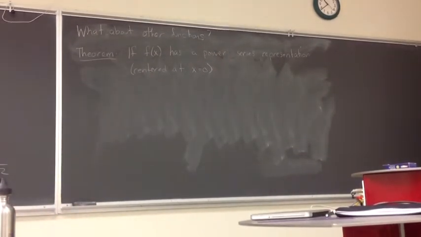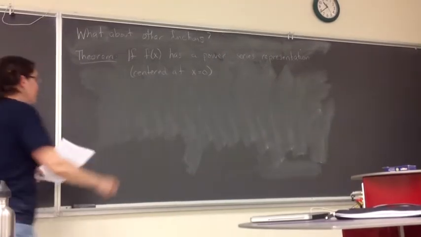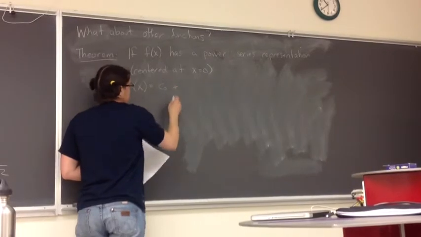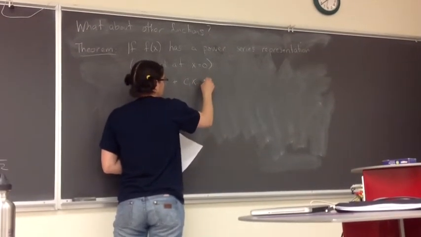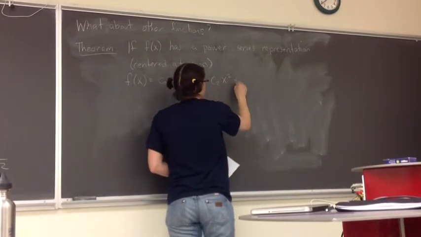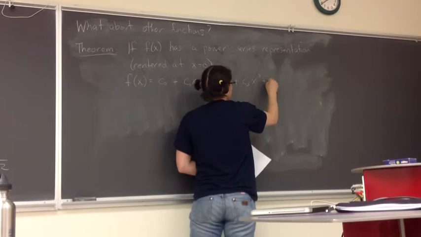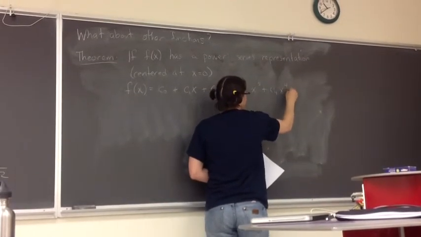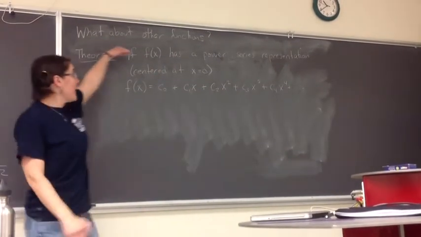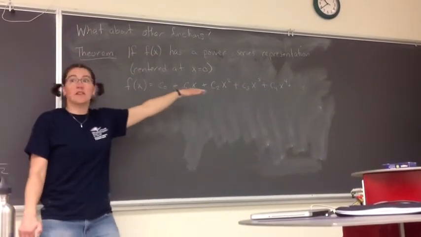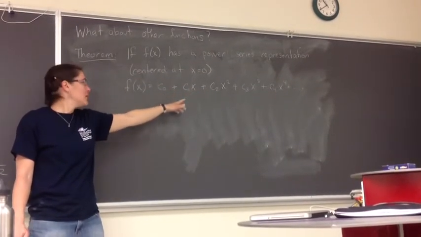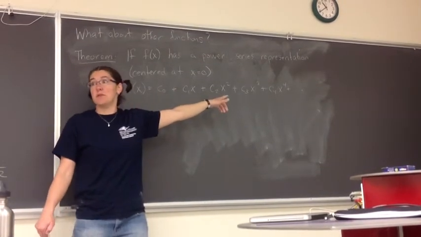So if our function has a power series representation centered at 0, then that power series representation looks like c0 plus c1x plus c2x squared plus c3x to the third plus c4x to the fourth plus dot dot dot. And so if f has a power series representation that looks like this, then there's a really, really handy formula which tells us exactly what these coefficients should be.